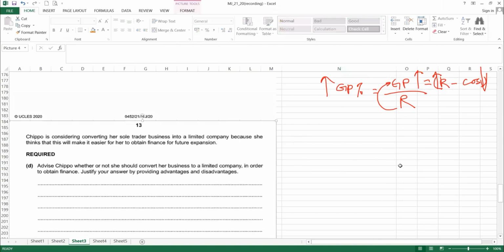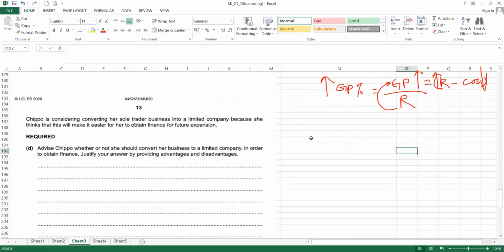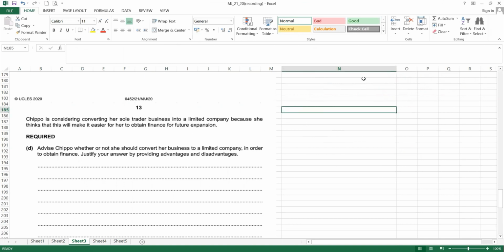Let's see what else is in the question. Chipo is considering converting her sole trader business into a limited company because she thinks that it will be easier for her to obtain finance for future expansion. Advise Chipo whether or not she should convert her business to a limited company in order to obtain finance, justified by providing advantages and disadvantages.